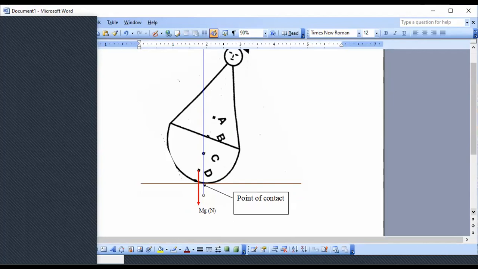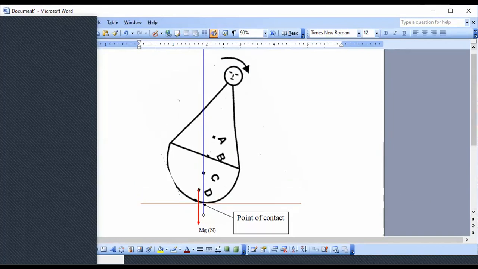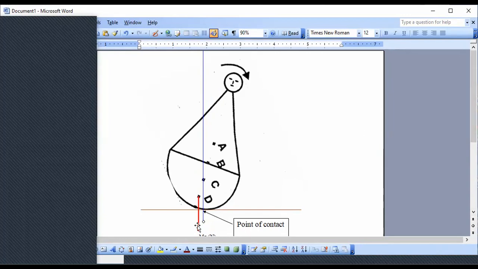Please unmute the mic and tell me the direction of the moment due to this mg. Clockwise or anti-clockwise? Anti-clockwise. So because of that moment, let me reduce the length of this line slightly.